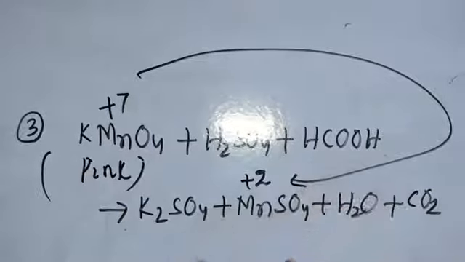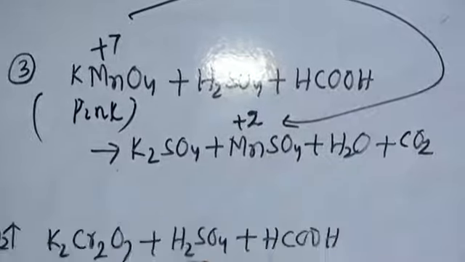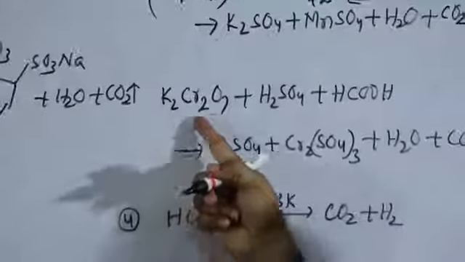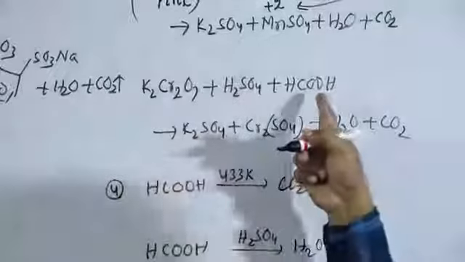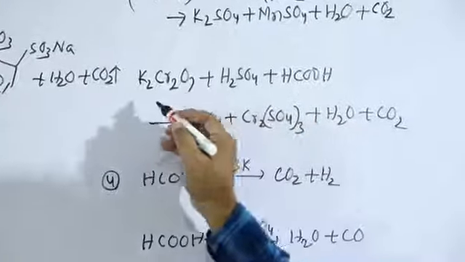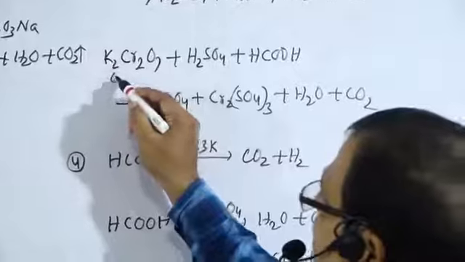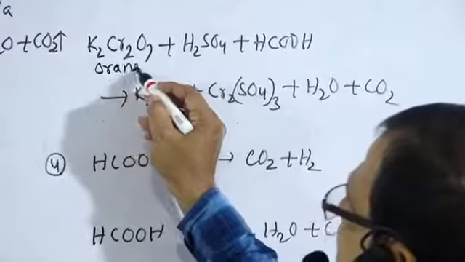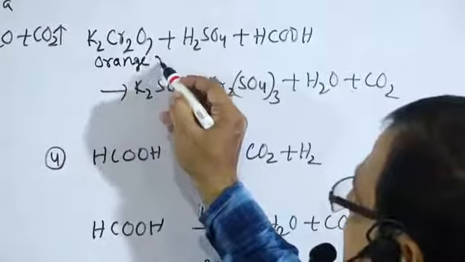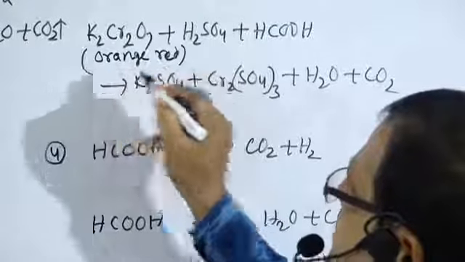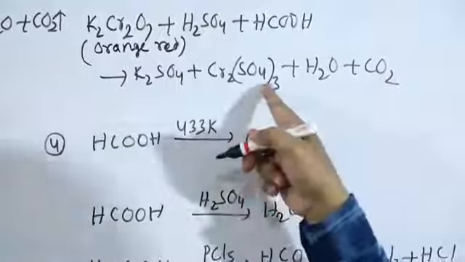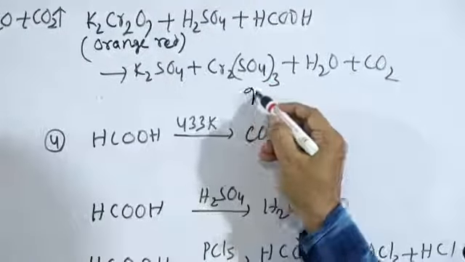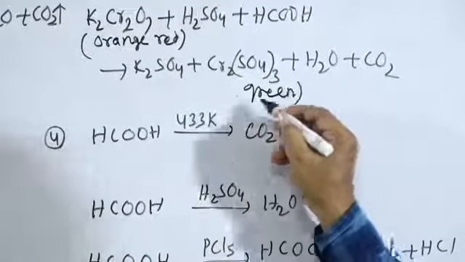In the same manner, we can take acidified potassium dichromate, which is treated with formic acid. Acidified potassium dichromate has an orange-red color, and the product, chromic sulfate, is a green color material.